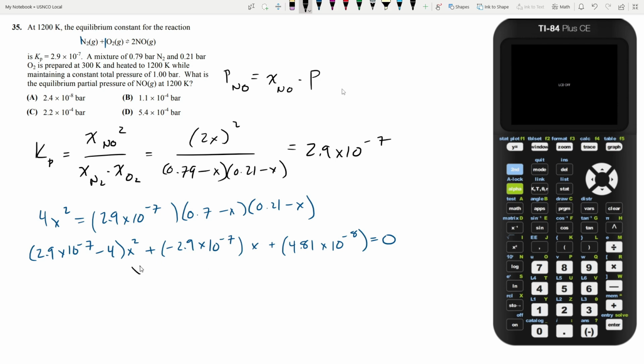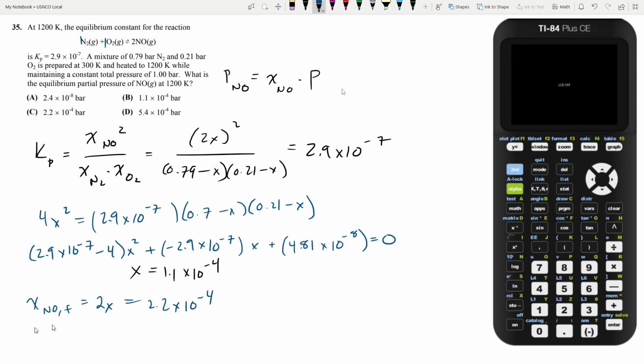And the only one that has significant physical significance is the one that's positive, and that's 1.1 times 10 to the minus 4. And this is really important because we know that our final mole fraction of NO is going to be 2x. So that's 2.2 times 10 to the minus 4.